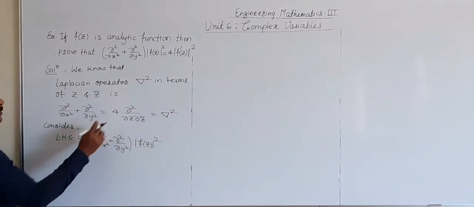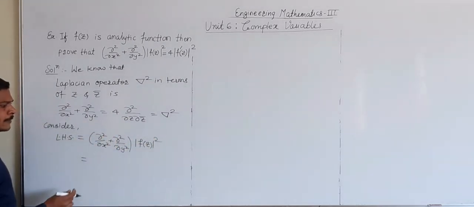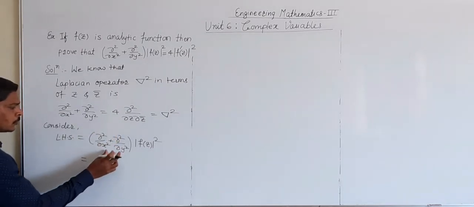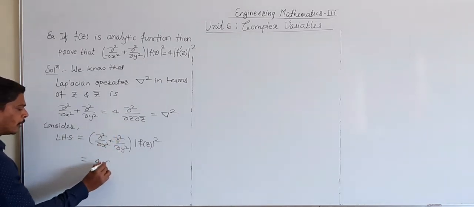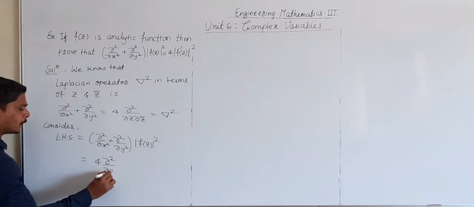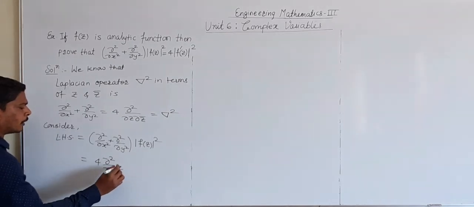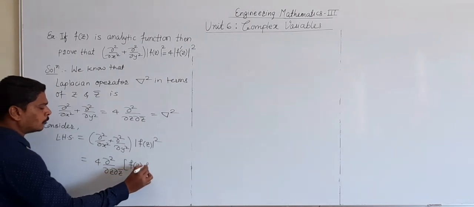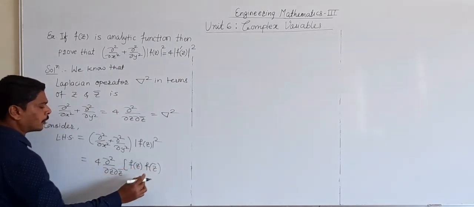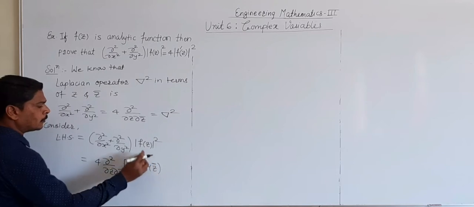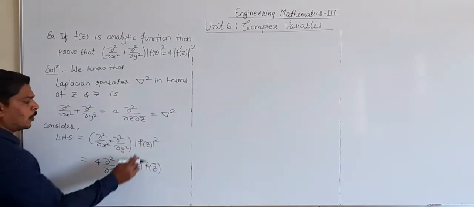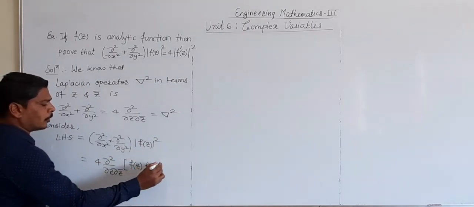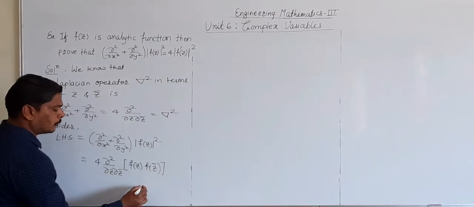So using the Laplacian operator in terms of z and z bar, this becomes 4 times ∂²/∂z∂z̄ of f(z) into f(z̄). So we know that |f(z)|² becomes f(z) into f(z̄).